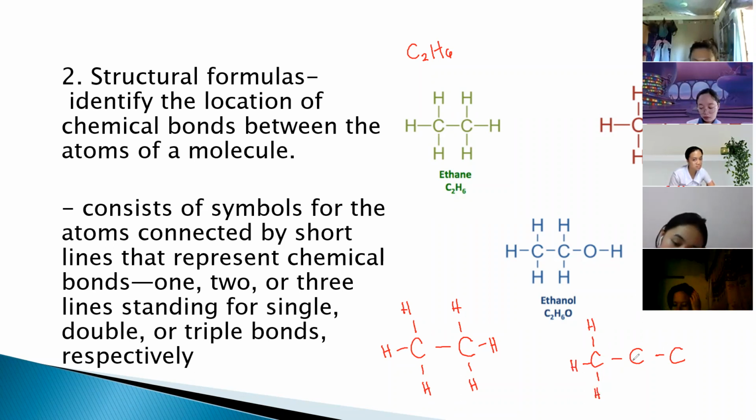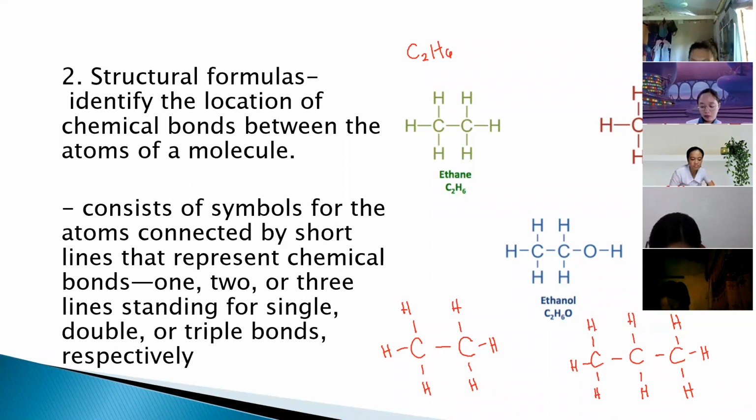But for the carbon at the center, since 2 bonds are already taken, only 2 are left for hydrogen. For the last one, it's the same as the left side, with 3 bonds remaining. That's where you put the hydrogen. If you count, you have 3 carbons and 1, 2, 3, 4, 5, 6, 7, 8 hydrogen.